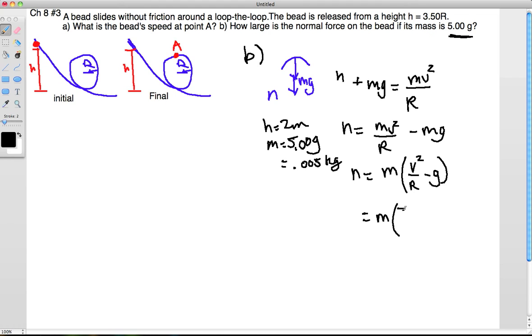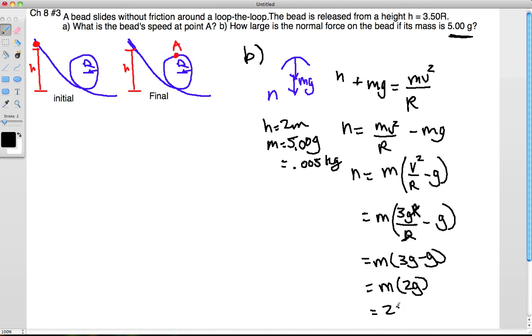So it would be 3gr, because before for the v final we had the square root, but here it is squared. So over r minus g, and both the r's cancel out. So it'd be m times 3g minus g. So it would basically be m times 2g.